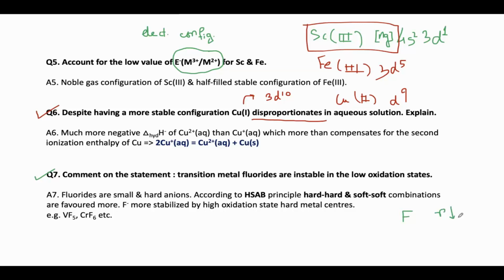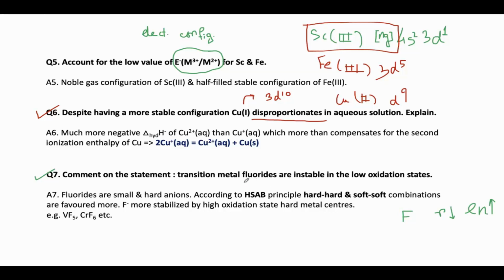So the radius of fluorine is less. And you all know the electronegativity of fluorine is very high. It is among the highest in the periodic table. So these three qualities are attributed to the fluorine atom. Now here one principle is stated, the HSAB principle.